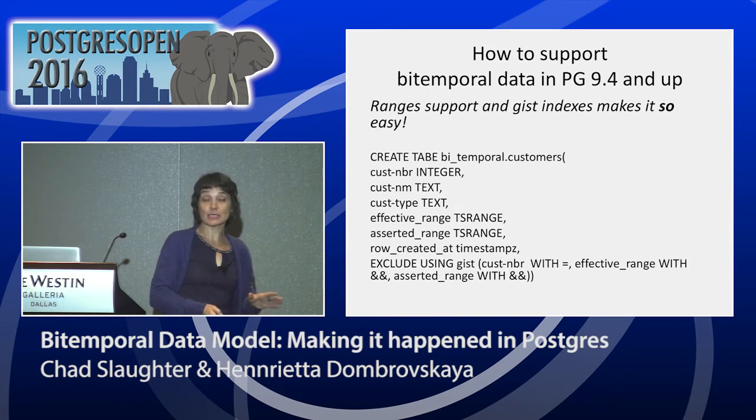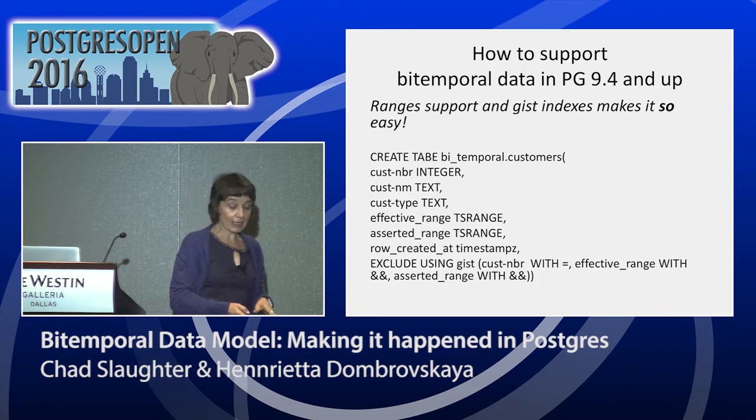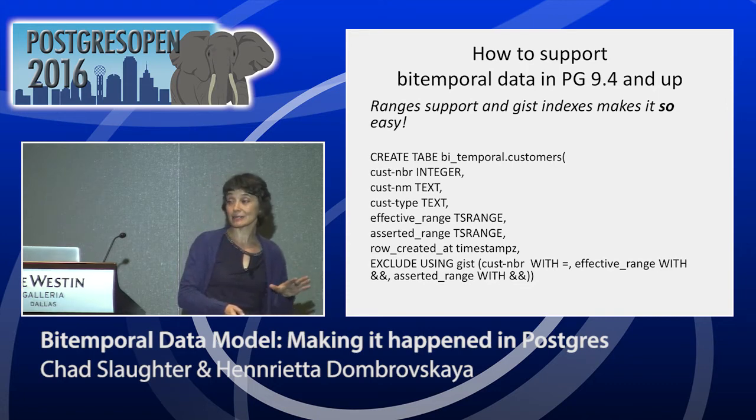There are two things which make this bitemporal support super easy in Postgres. First of all is the interval types. Even if you look at most of the works regarding temporal and bitemporal data, they all operate with two separate fields for each time interval, beginning and ending, and then all this talk about open-ended and close-ended. With Postgres, with range type support, it makes it easy because you do not need to implement it as a special type.